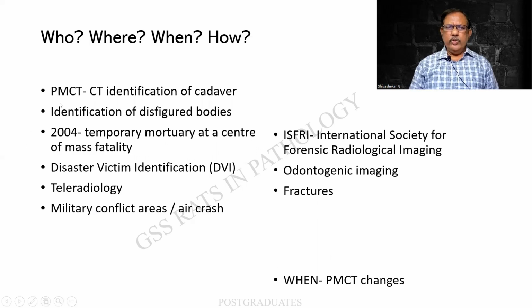Coming back to the questions: who, where, when, and how. You find that the CT can be used for the identification of the cadaver. It can be used for the identification of the disfigured bodies. There can be a probable reconstruction, and we can go back to the original photograph of the person.